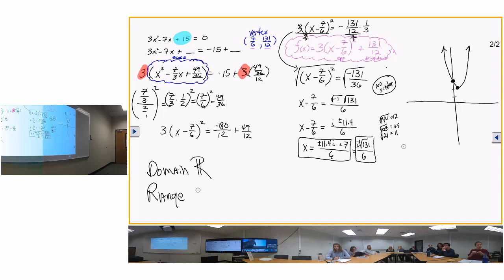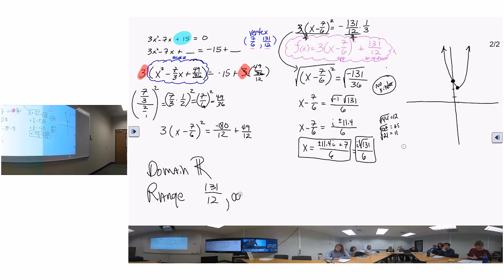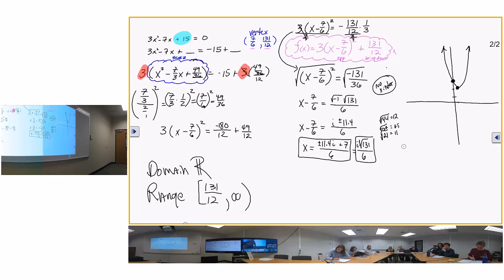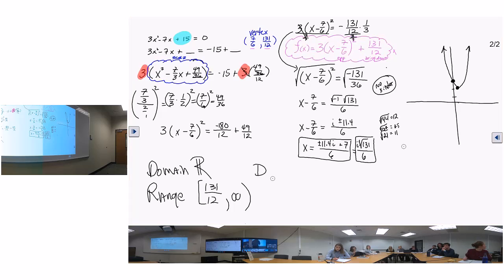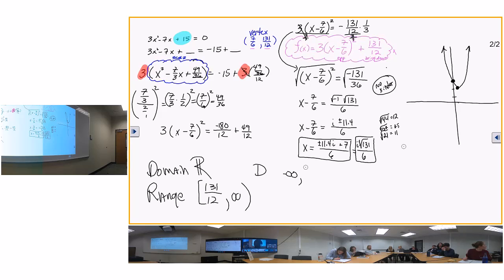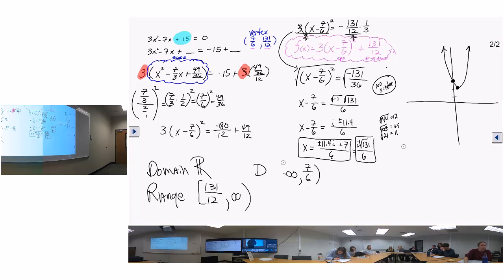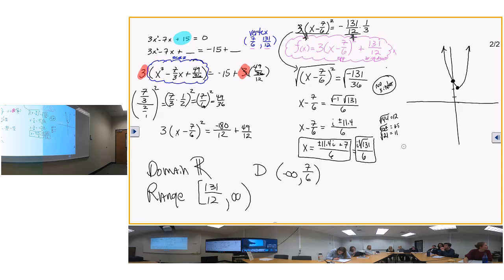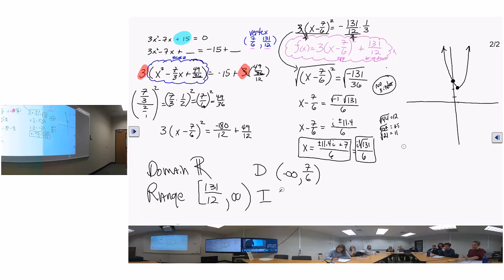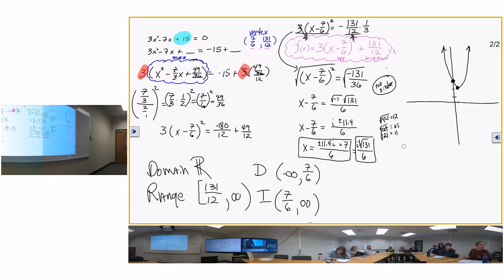And then from the left it is decreasing to 7/6. So decreasing from negative infinity to 7/6. And since it doesn't decrease or increase at the vertex, we put a parenthesis. And then increasing from 7/6 to what? Infinity.